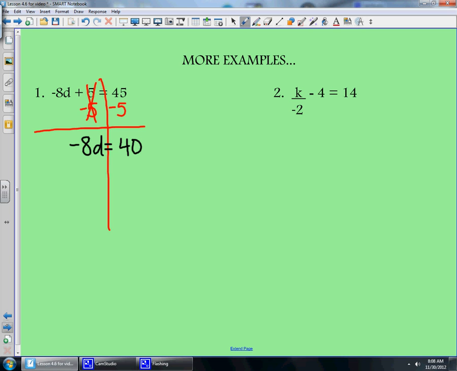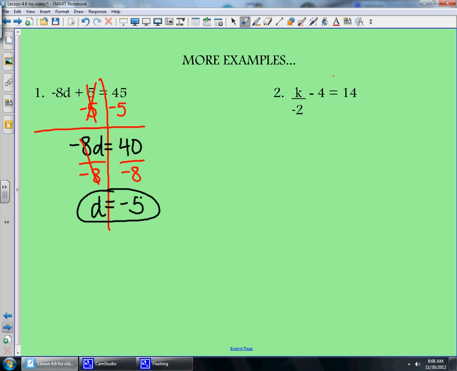We're going to divide by the number in front of the variable, or the coefficient. So we divide by negative 8. Negative 8d divided by negative 8 is just d. And 40 divided by negative 8 is negative 5. Remember the rules for dividing integers. A positive divided by a negative is a negative.